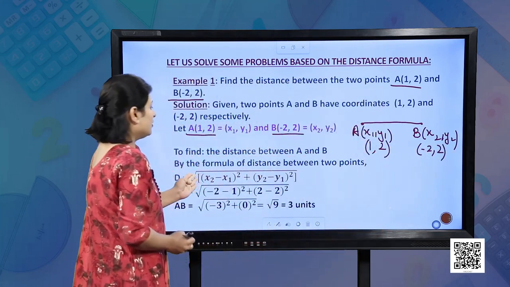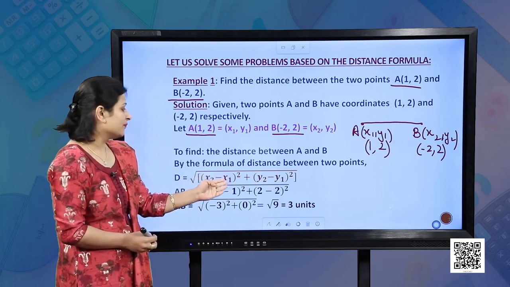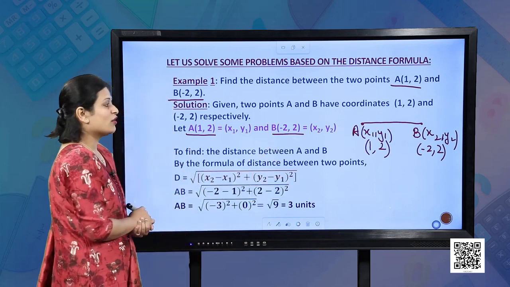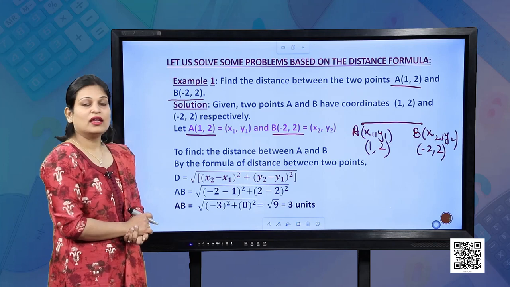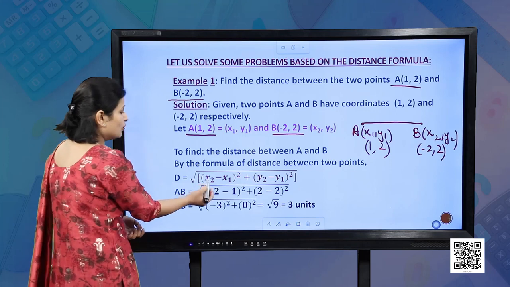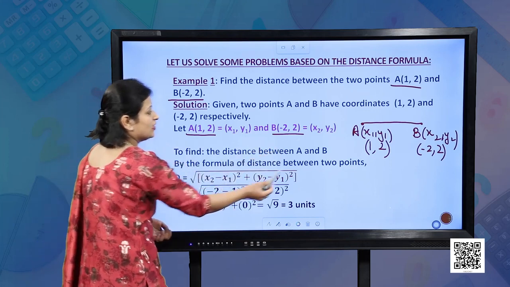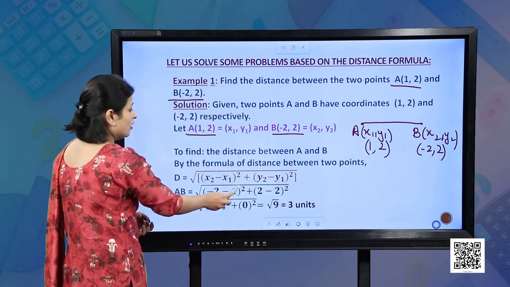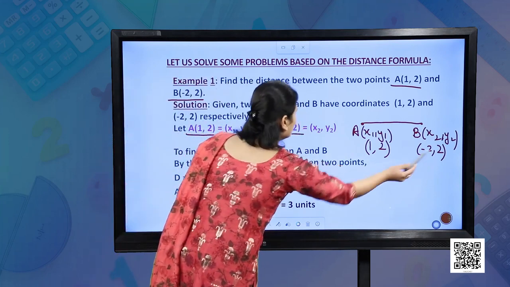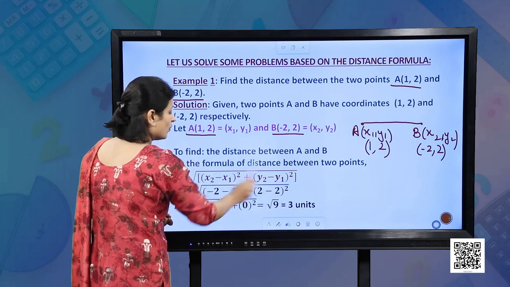So, the distance formula is square root of (x2 minus x1) whole square plus (y2 minus y1) whole square. Simply substitute the values of x1, y1, x2 and y2 in this formula. As I told you, x2 is minus 2, x1 is 1, whole square, plus y2 is 2 and y1 is again 2, so 2 minus 2 whole square.